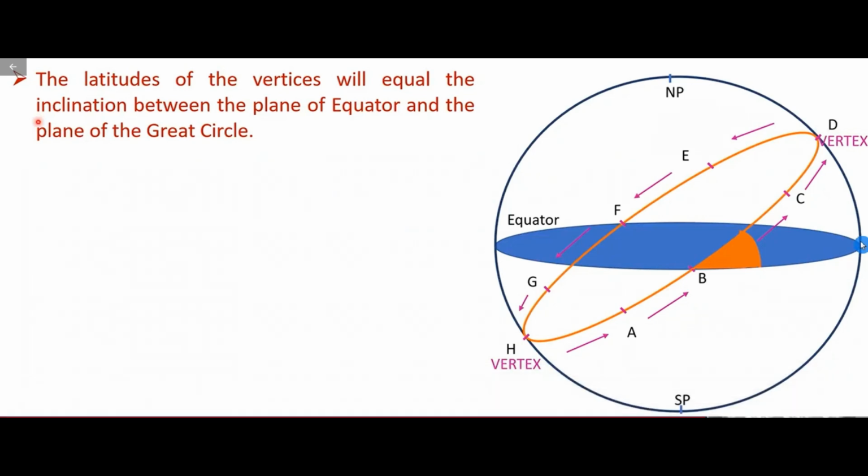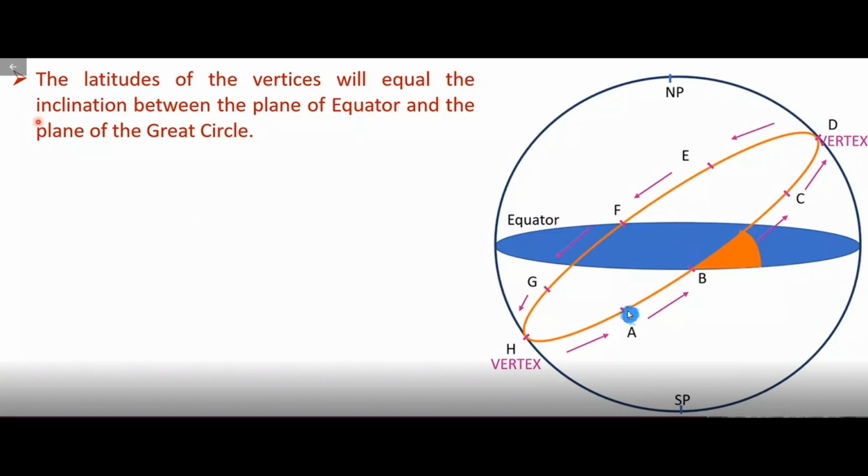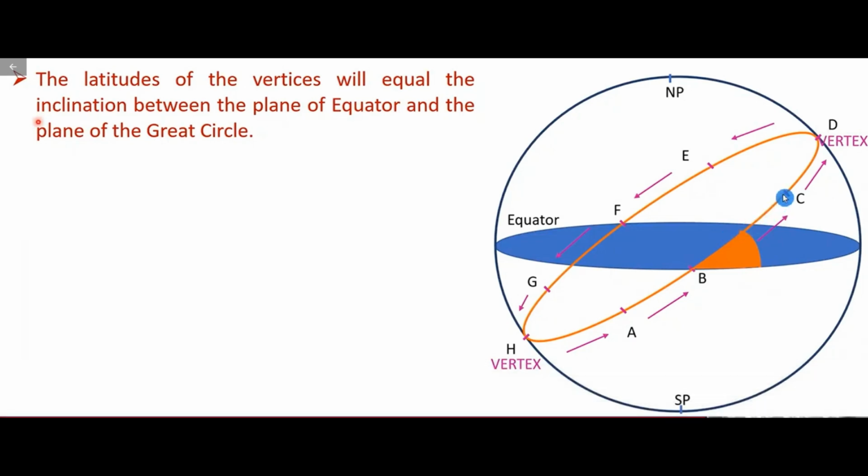Now, beta, tell me one thing. Let me give you a small question to test your understanding of this concept. Let us say our ship is moving on a great circle track and we are at point B. We are crossing the equator and proceeding towards C. So our ship is right now at point B and it is proceeding towards C point, Charlie point.